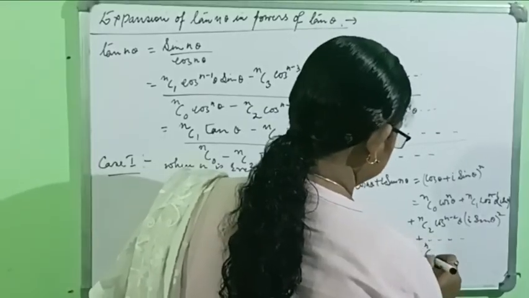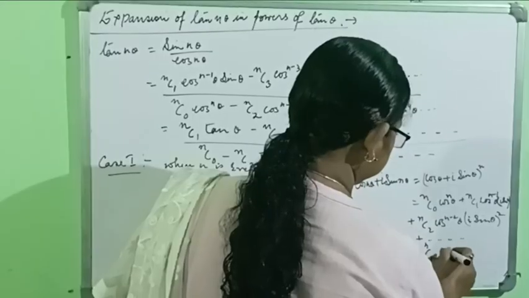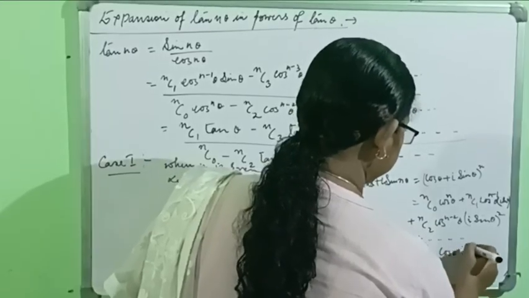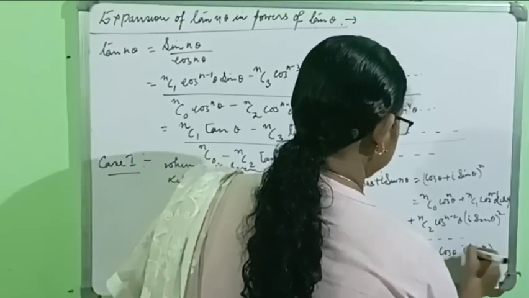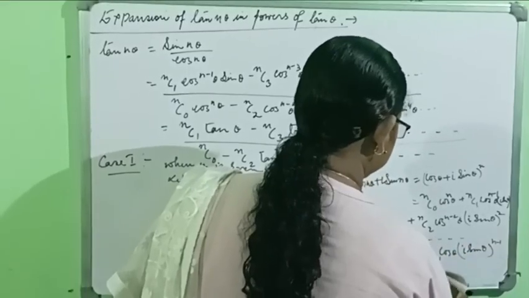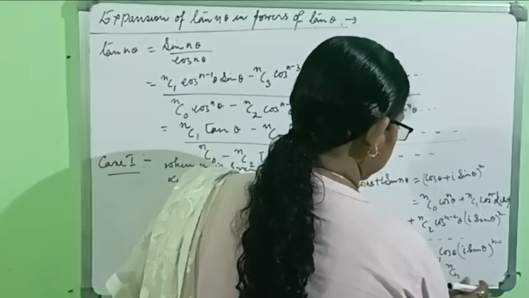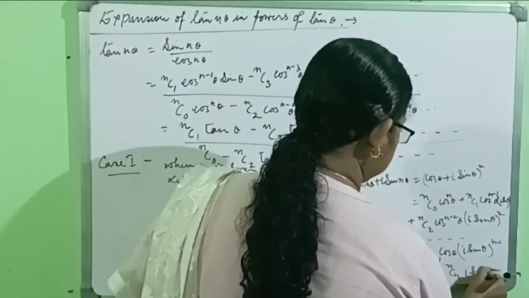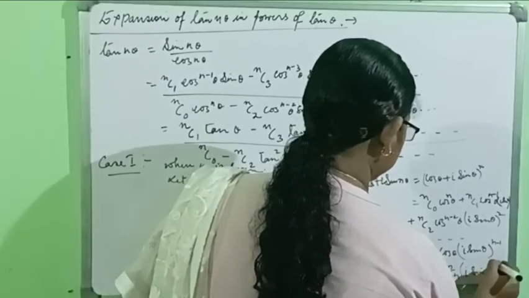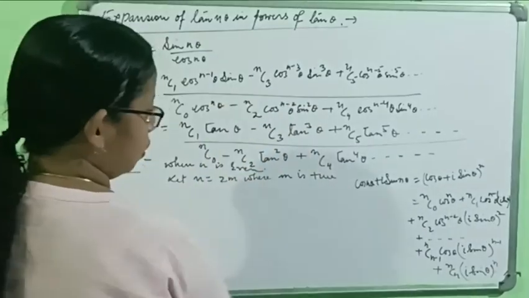The term before the last term will be this one, and the last term will be this one. Cos theta to the power 0 is 1, so these are the last two terms.